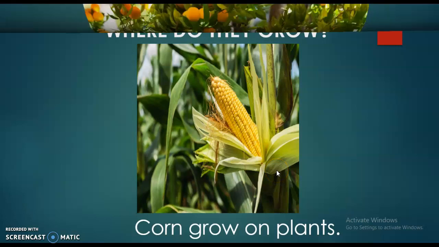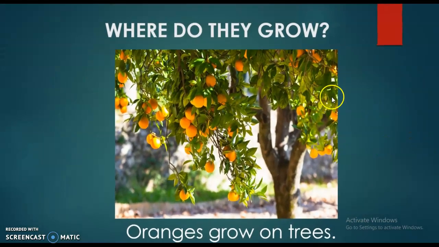Alright. Where do they grow? What is this? These are oranges. O-R-A-N-G-E. Oranges ataupun buah orange. Oranges grow on trees.